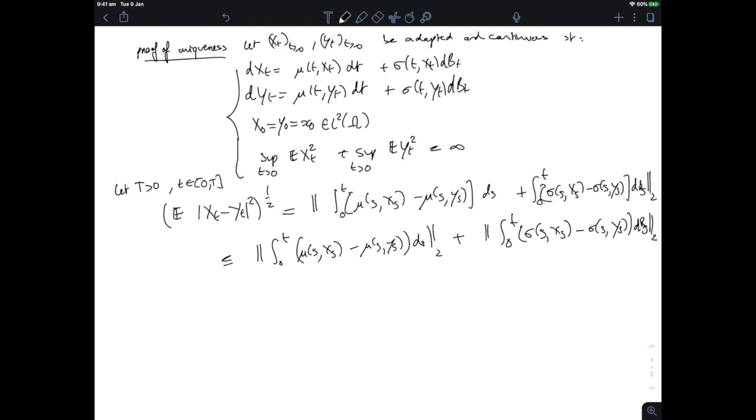Okay. Now, remember the conditions that we have. We have conditions about the growth and the Lipschitz regularity of both mu and sigma.